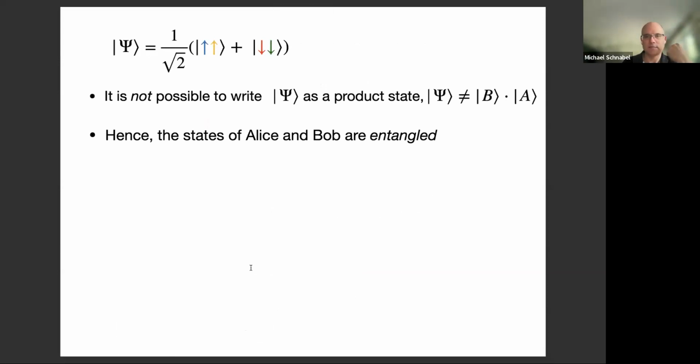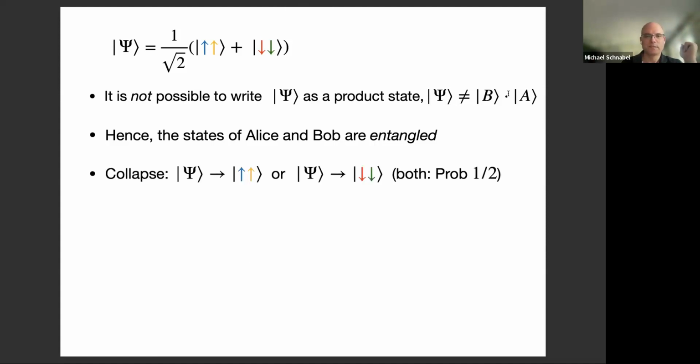This is an example of an entangled state. And whenever you cannot decompose a quantum state as a product, by definition, it is entangled. So now when I assess a state, with probability 1/2 it's either this outcome or this outcome.